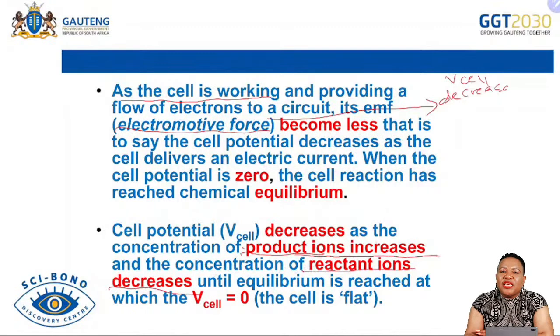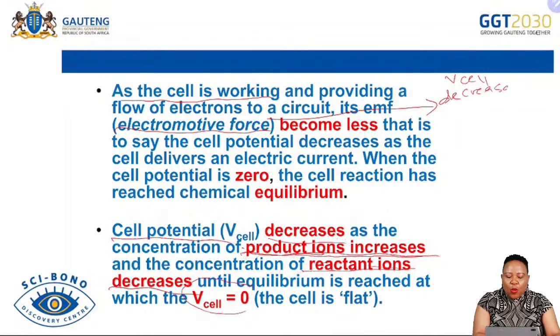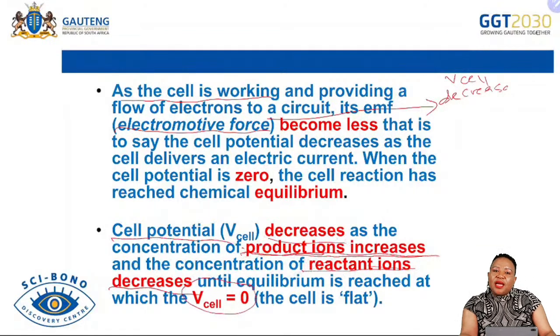So as you have seen, when the Zn2+ ions were going into the solution, which are our product ion, they were causing our cell potential to decrease. And as the Cu2+ ions that were gaining electrons were decreasing in the other electrolyte, it was also affecting our cell potential. So our cell potential decreased because there was an increase in the product ions and a decrease in the reactant ion, until our cell reaches equilibrium and we say our battery is flat.